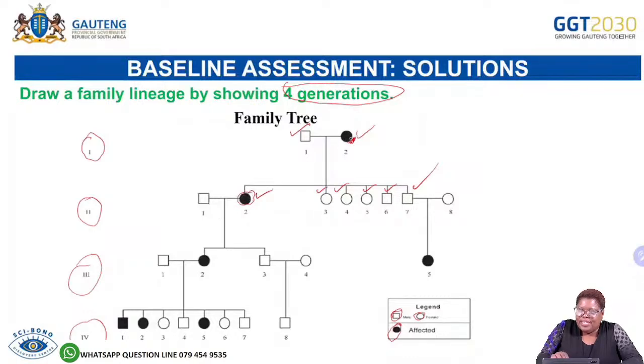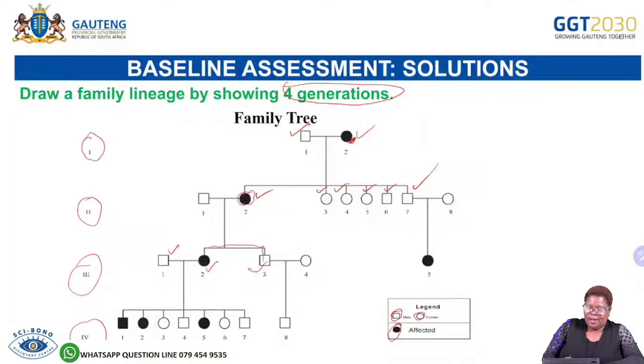So it means characteristics were inherited from the first generation to the second generation. Then daughter number 2 marries a male who is not affected. Now look at what is going to happen. They are going to have a daughter who is affected and a son who is not affected. Now, this affected female gets married to an unaffected male.